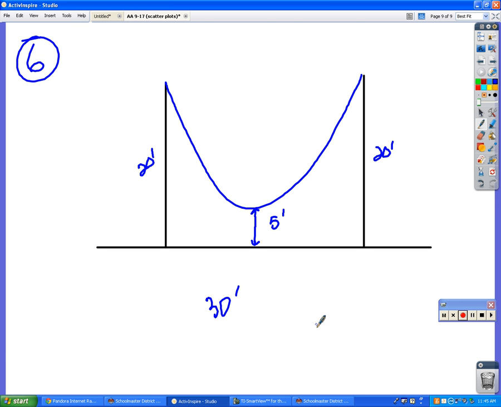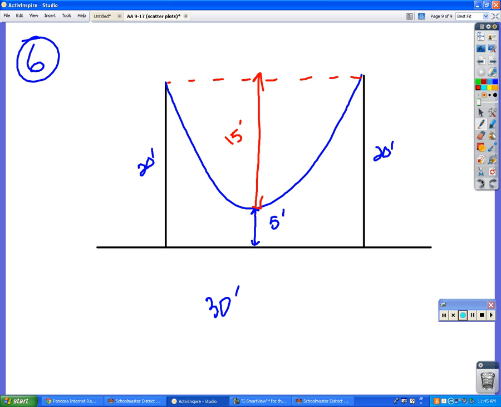Right, okay, so the key there is, and that's why I thought Byron might have had this a little bit, if there's 5 feet between where the cable is lowest and the ground, how many feet is there between here and the top of the poles? Yeah, 15 feet. Okay, not 15 inches, 15 feet. So if it's 15 feet from where the cable is at its lowest point to the top, how long is the cable again? 30 feet.